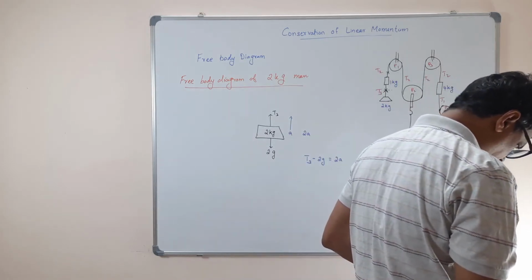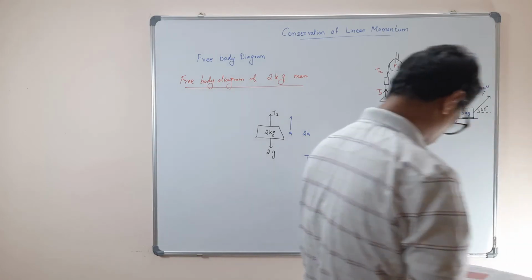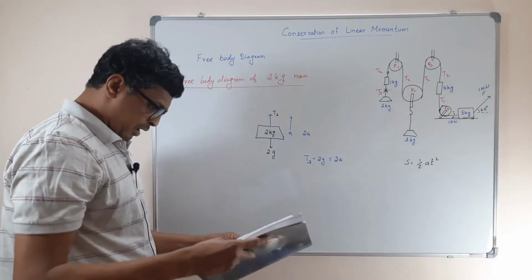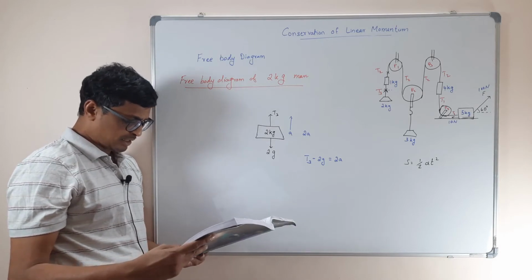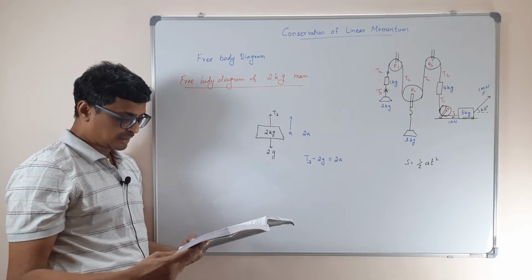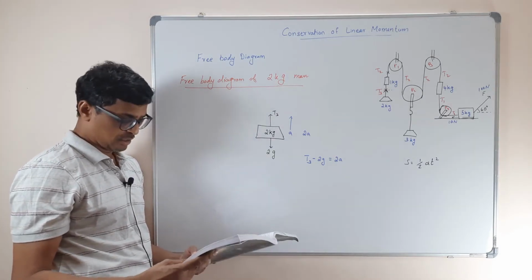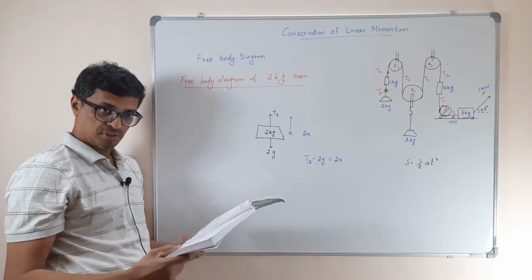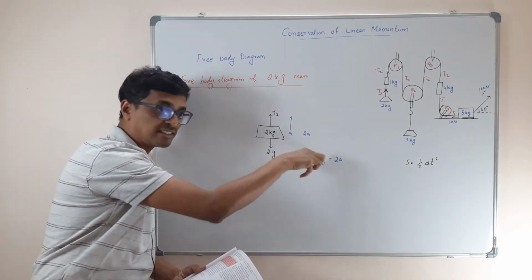Let me read it. The free body diagram of a 2 kg mass, let A be its upward acceleration. According to Newton's second law, it must be due to the resultant vertical force on its mass. Correct? To know this force, then only we can find out the acceleration.